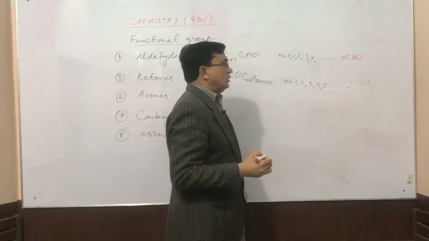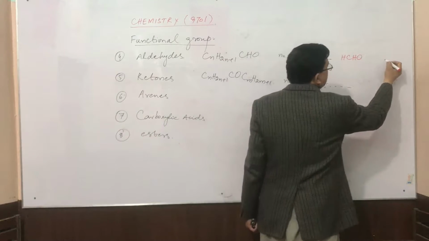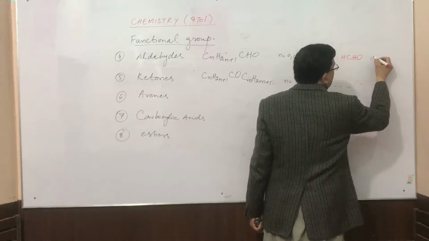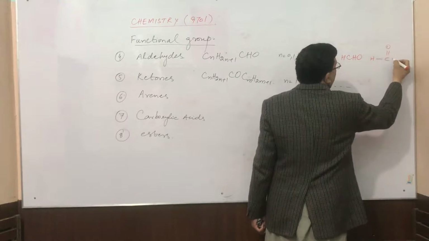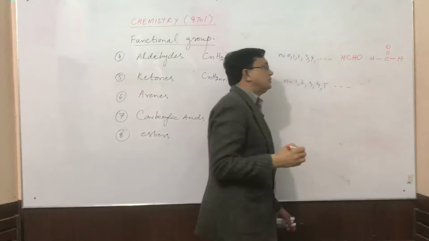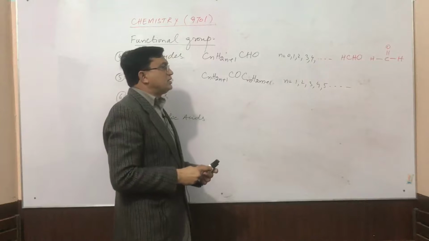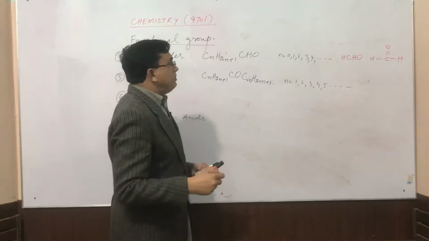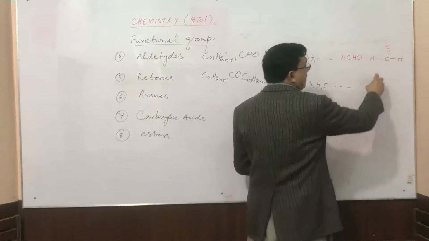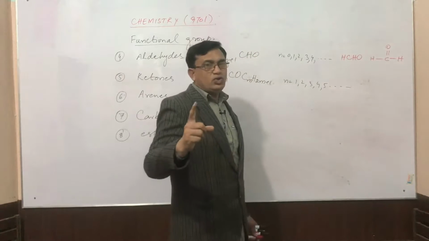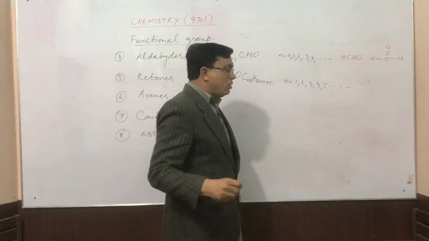HCHO. This is represented as H-C double bond O and then H. On the basis of nomenclature, depending upon the number of carbon atoms, there is only one carbon atom present in this compound.